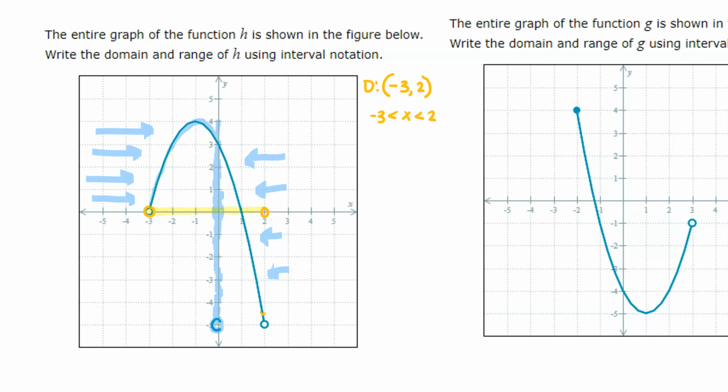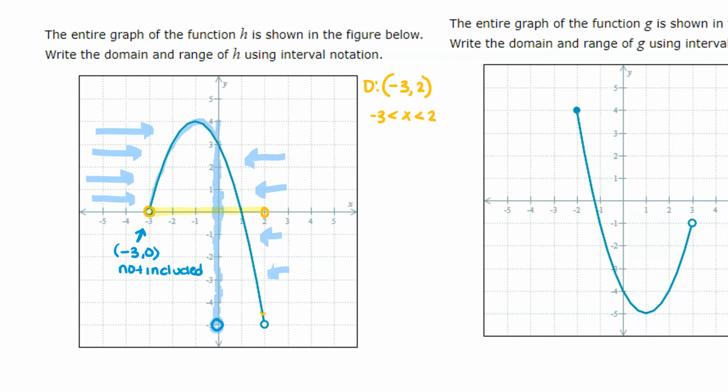So I think you should understand why -5 is not included. But what happened to y equals 0? So this point, -3, 0, is not included in the domain, right? It's got that open symbol. So it's like, hey, get as close to this point as you possibly can, but don't actually get to it.